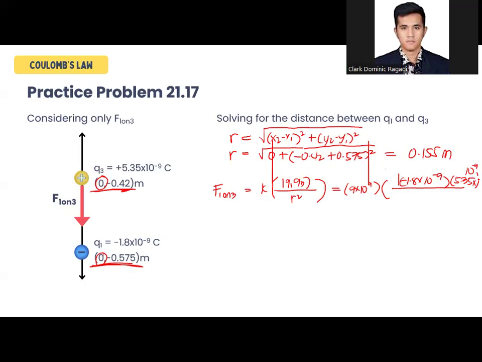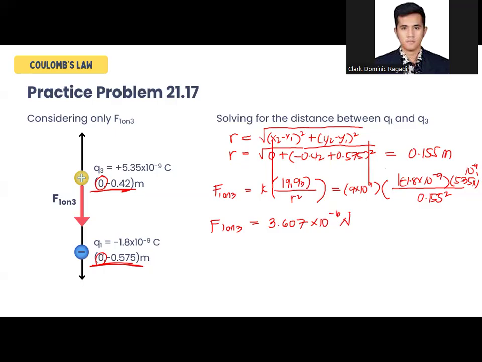over our distance 0.155 squared. So our answer for the magnitude of F1 on 3 is equal to 3.607 times 10 to the power of negative 6 newtons. If we look here, our F1 on 3 is actually directed downwards, because it has no x component.